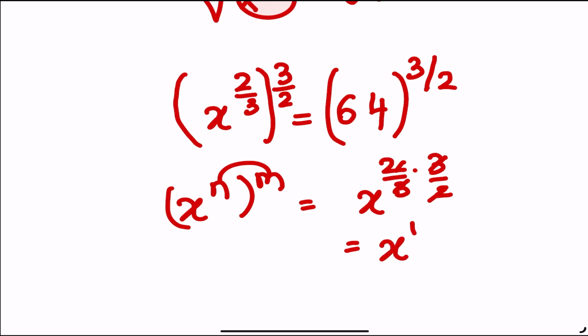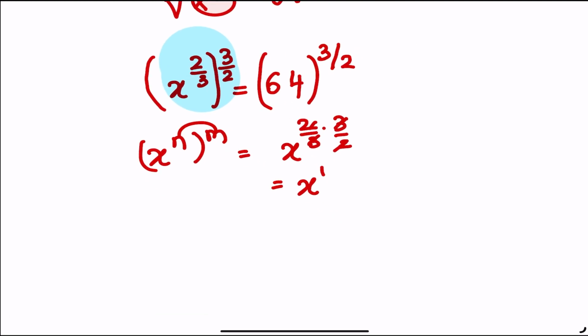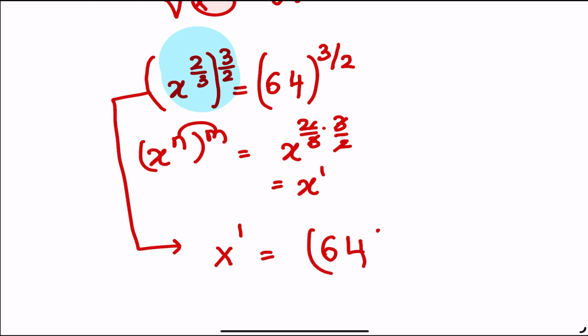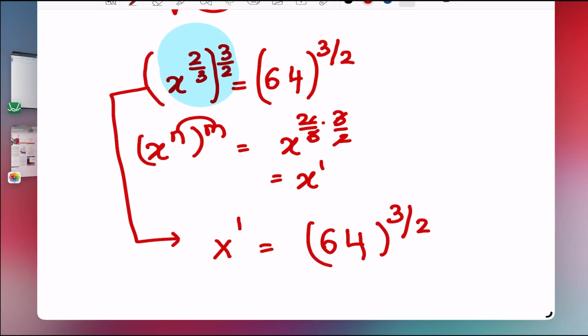You made it radical free. 2/3 times 3/2 is 1. So this becomes x to the power 1, and this is 64 to the power 3/2. The square root of 64 is 8, cubed is 512.